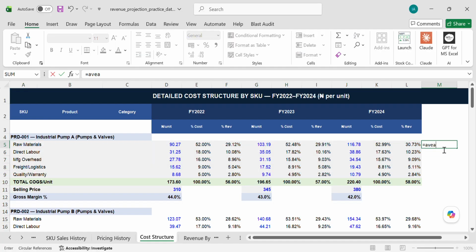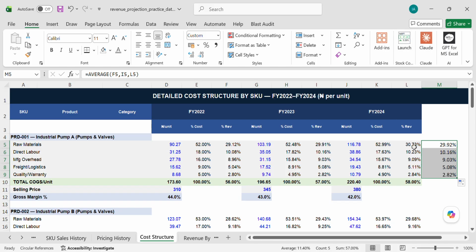So average for this is this, and this. So this is what, 29. Or you can even use the current year, which is 5.8.